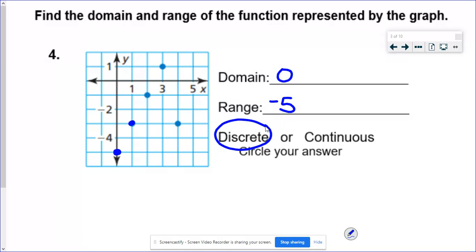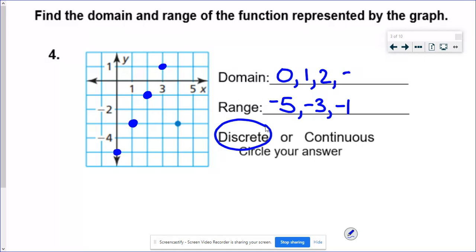The next ordered pair right here, I should have picked a different color, I think, is at 1, -3. So the x is the 1, the y is the -3. For this third ordered pair right there, that's at 2, -1. So the x is 2, the y is -1. The fourth ordered pair is at 3, 1.